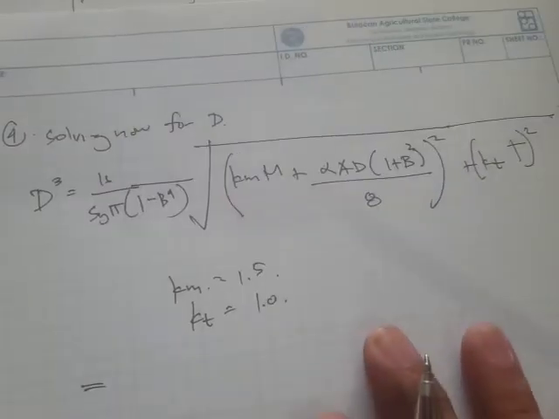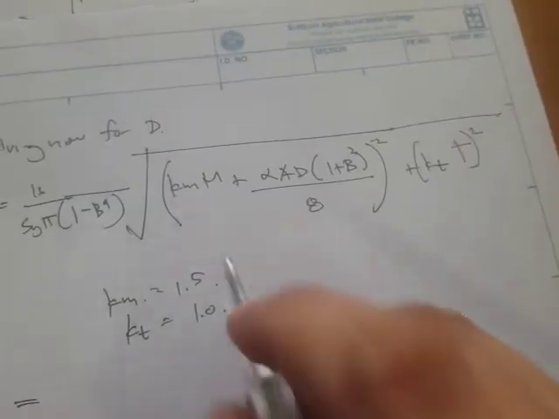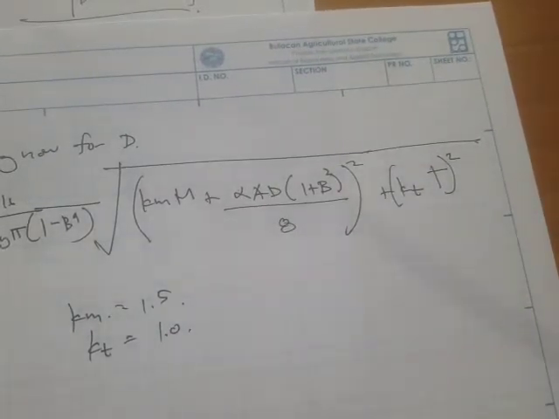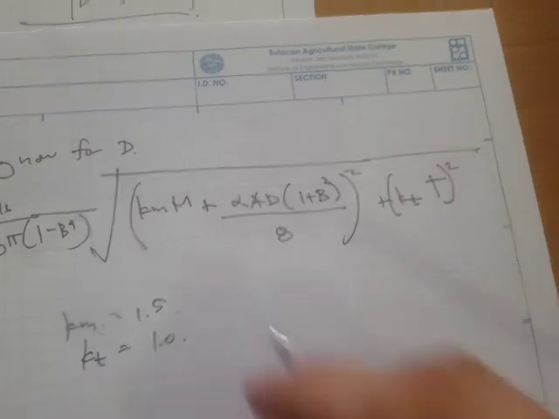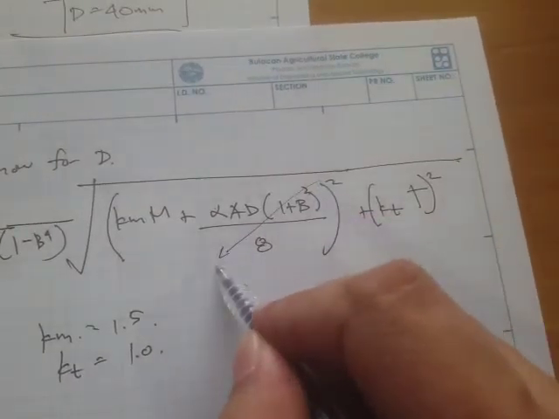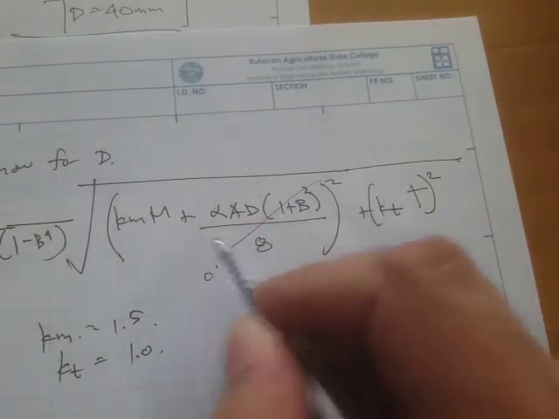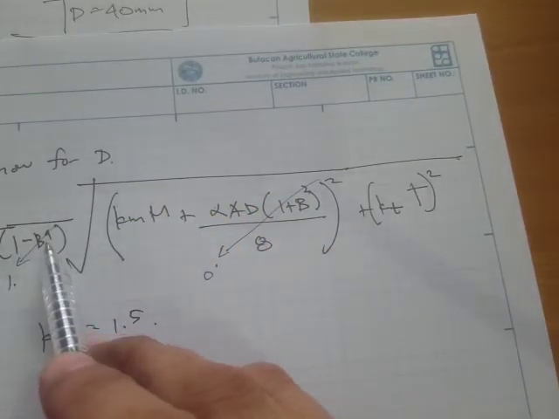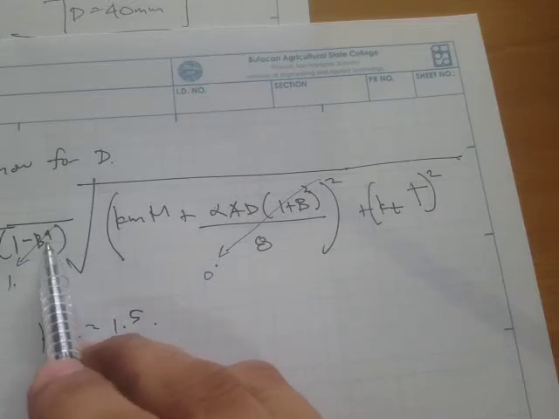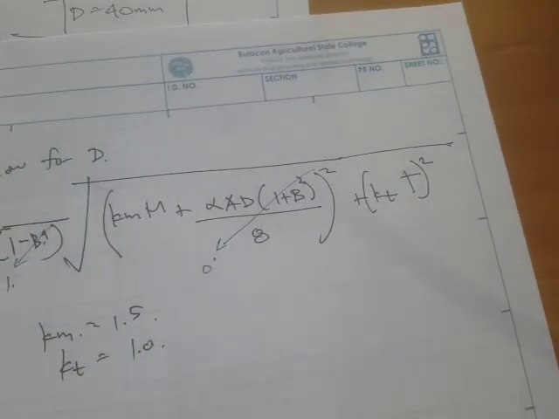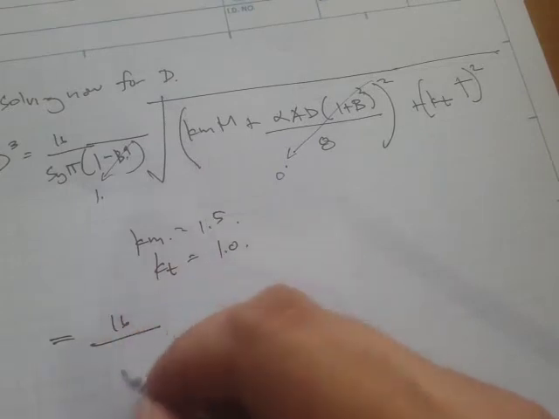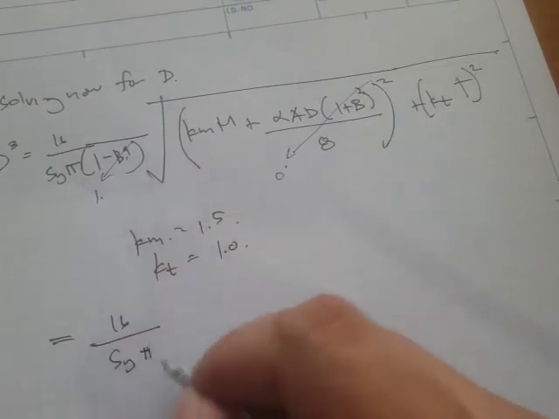However, I also mentioned in the last video that if we don't have actual loadings, then this term right here is actually 0, and this one right here is just 1 if we have a round solid shaft. So this simplifies to 16 over S sub y times pi.